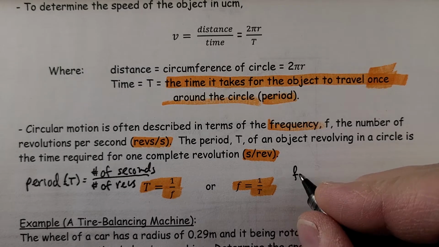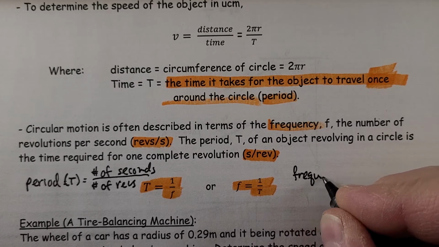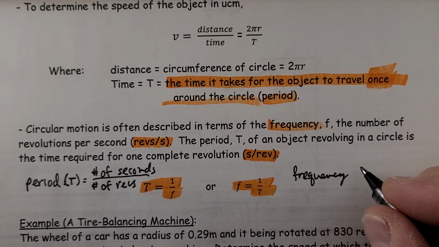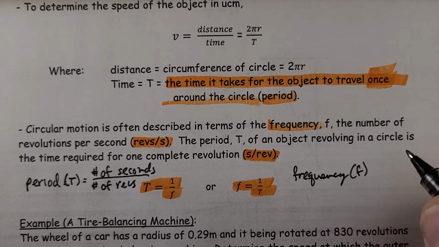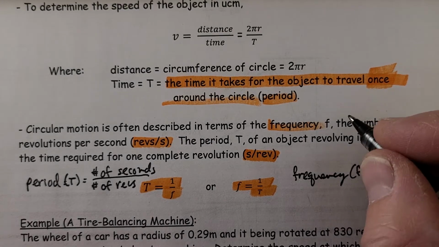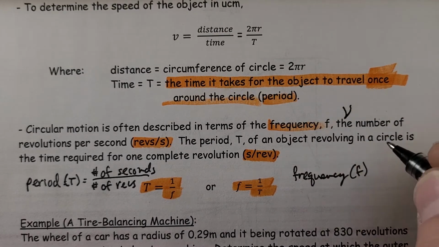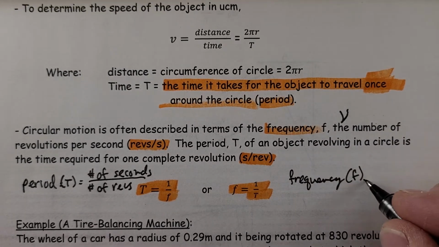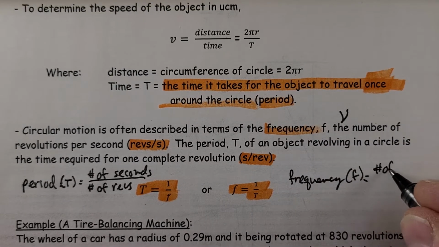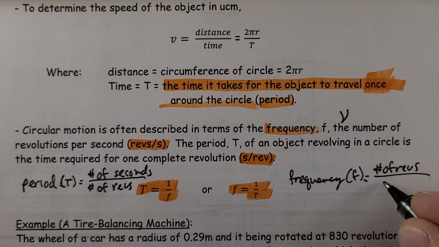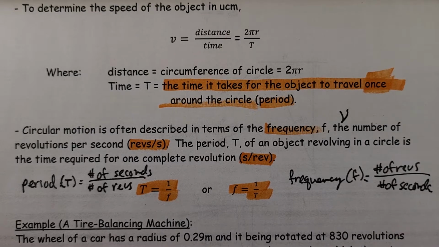And then frequency, symbolized by little f. If you go on and take more physics classes, you'll see that it's symbolized by the Greek symbol nu. Number of revs per number of seconds. Okay, so that's how we do that.